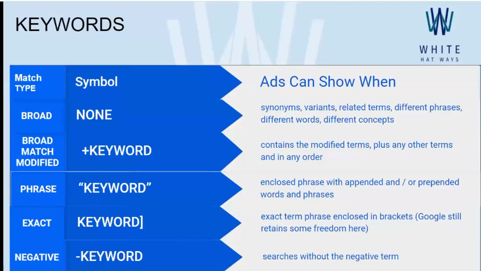I'll just explain it to you with an example. Let's say that my keyword is learn digital marketing. That is going to be my keyword. So what I would do is put a plus sign before learn, a plus sign before digital, a plus sign before marketing.